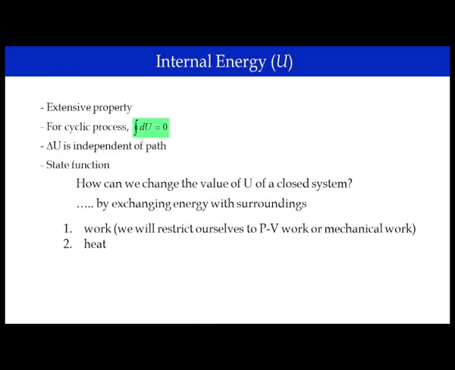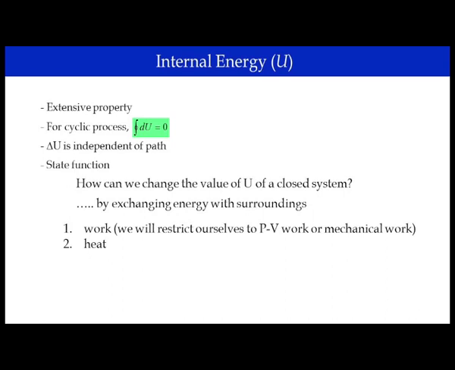So, how can you change the value of internal energy of a closed system? Obviously, by exchanging energy with surroundings. Now, what are the different ways we can exchange energy with surroundings? We talked about there being basically 2 ways, one by work exchange or by heat exchange.